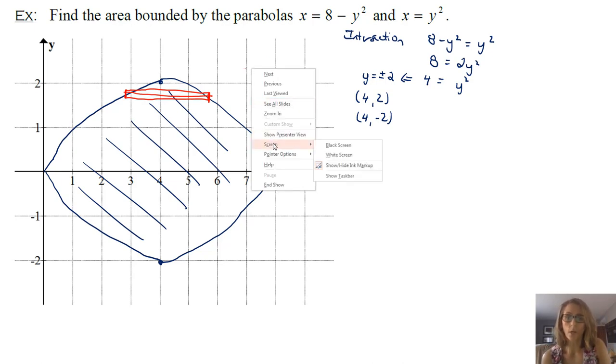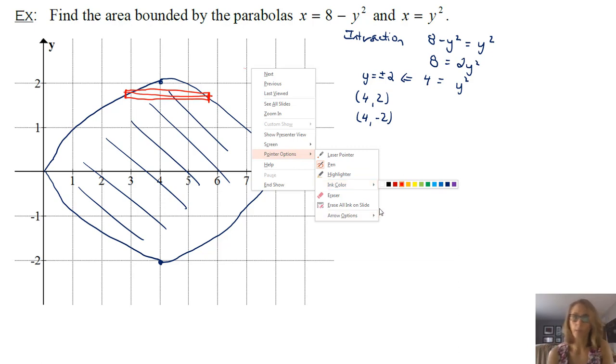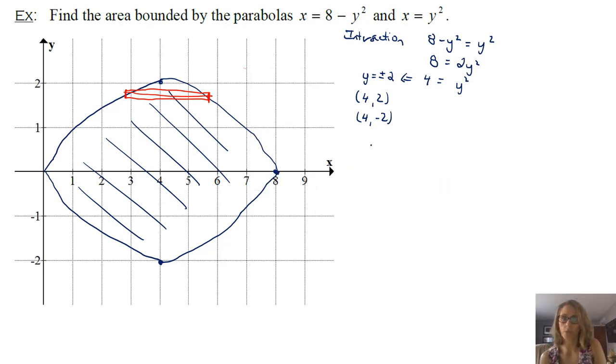So luckily, our 8 minus y squared is always in front of the x equals y squared. Because of that, we only need one integral, which is nice. We want to remember that we're integrating from down here, which is (4, negative 2), and up here is (4, 2). So we're integrating down to up, so that will be negative 2 to 2.